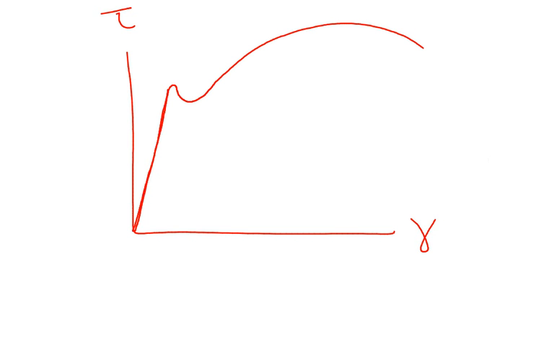What does that remind you of? It's very similar to your sigma versus epsilon plot. So it's nearly identical. Obviously, the values are going to be different, but the general trends are the same.